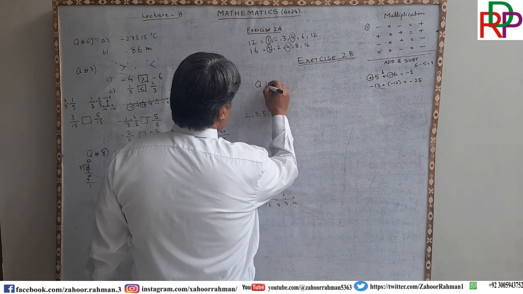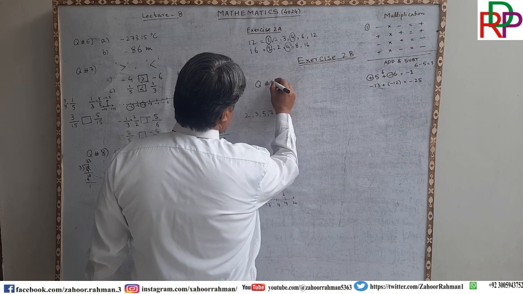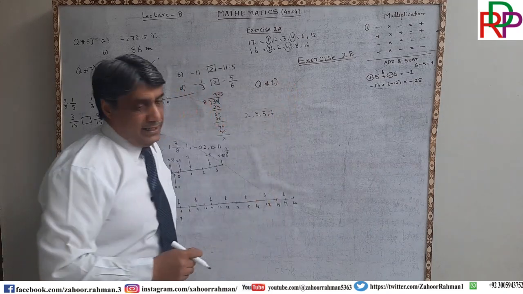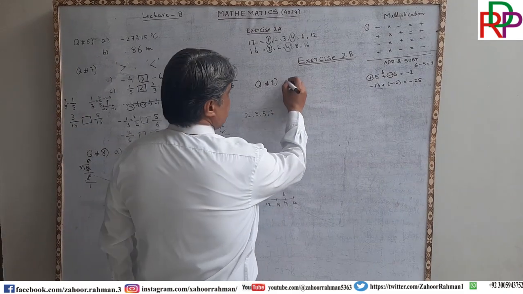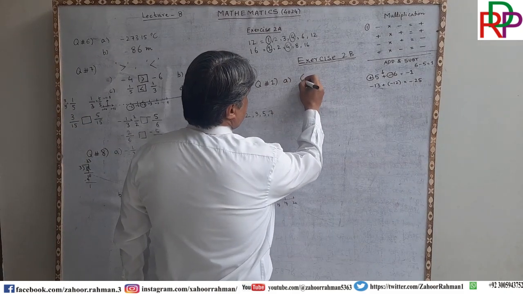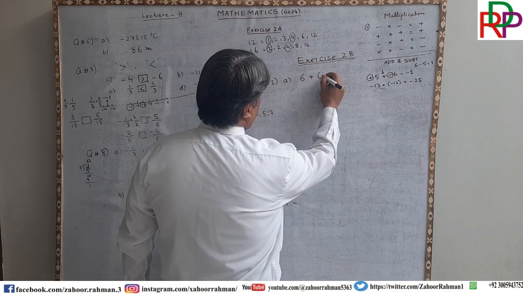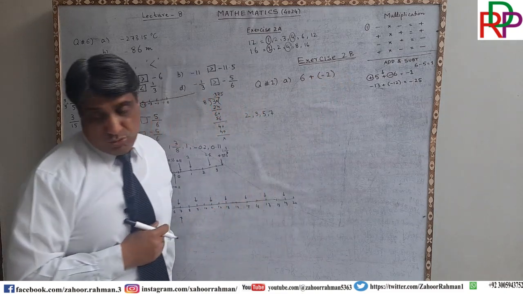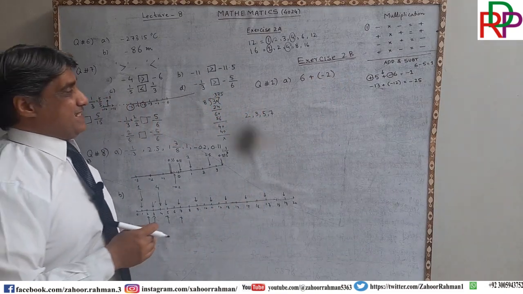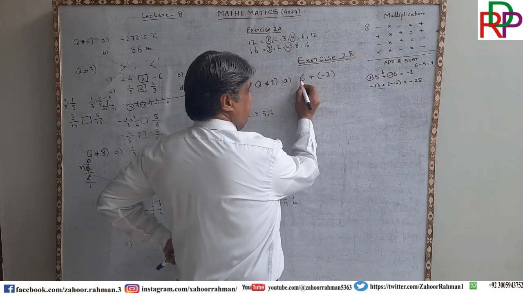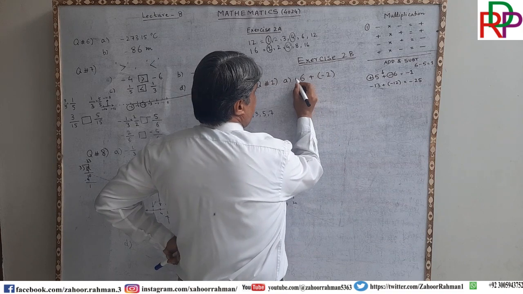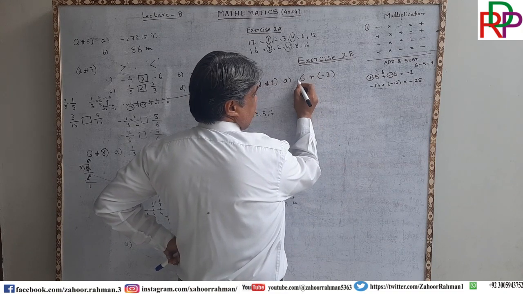Directly we are jumping to question number 1. Question number 1, part A is saying 6 plus -2. If there is no symbol, then it means it is positive.